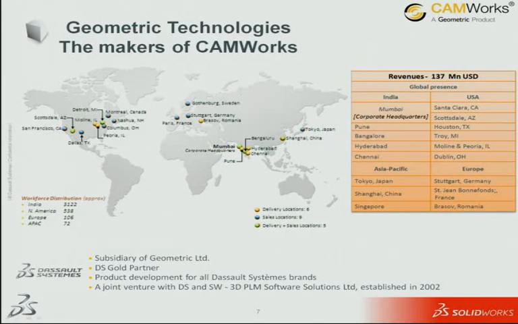Geometric Technologies is the maker of CAMWorks. We're a division of Geometric Limited. We have over 3,500 employees worldwide. We have offices in the U.S., Europe, and Asia. And we've been involved in product development for Dassault and SolidWorks for many years. Can I have the next slide, Craig?